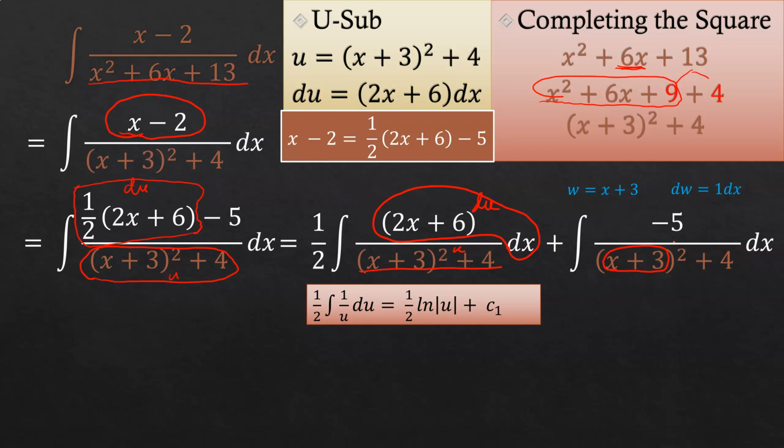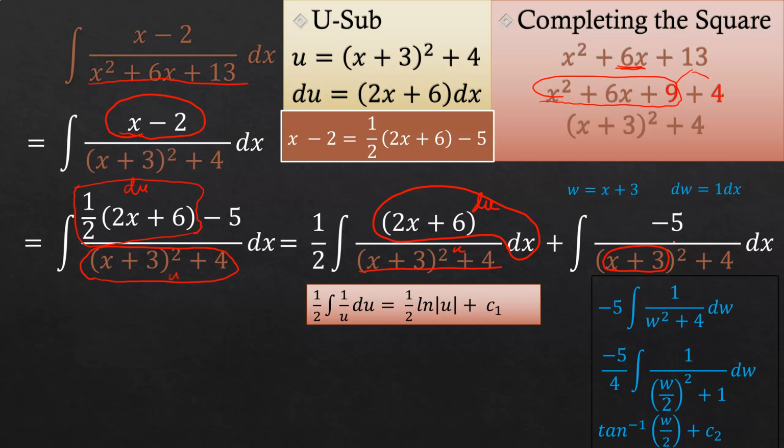So I'm going to write this in blue. The second integral, I'm going to write that in blue. So the negative 5 goes in the front, and then I will have 1 dw over w squared plus 4. But we know inverse tangent must have a square term and a plus 1, right? So what am I going to do?